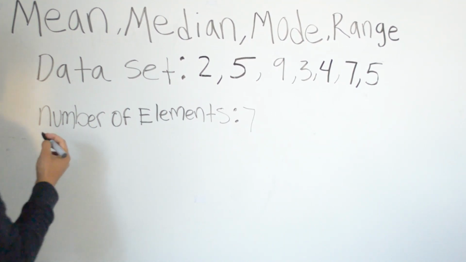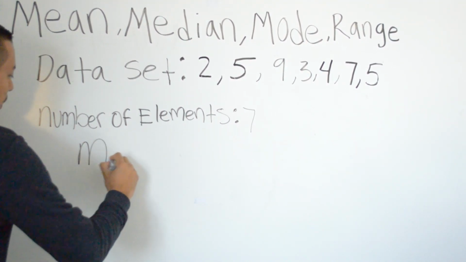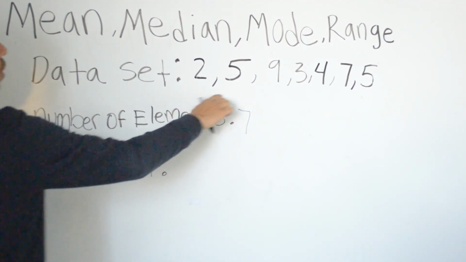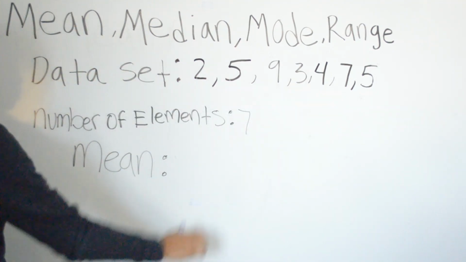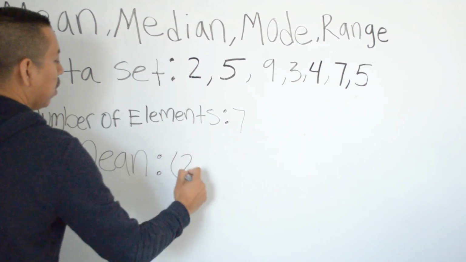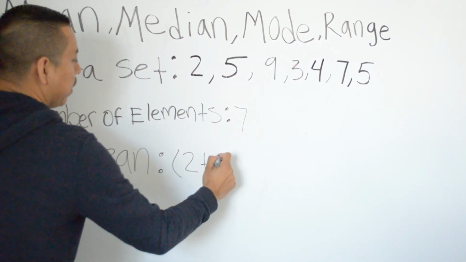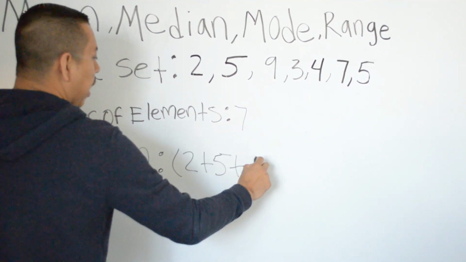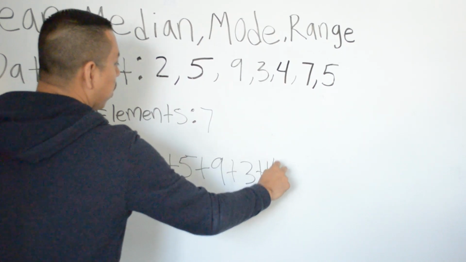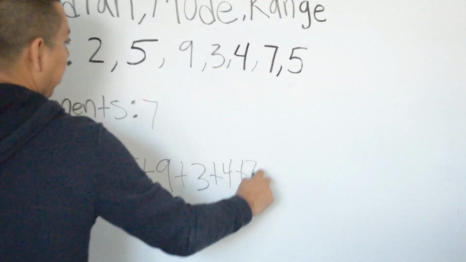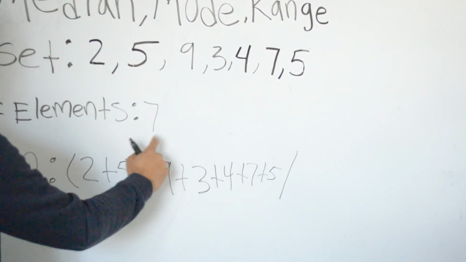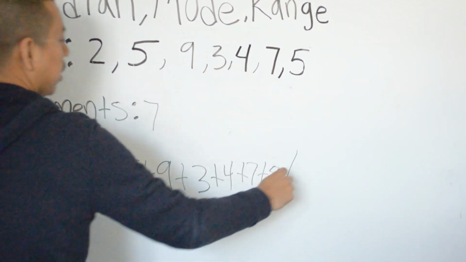Now, for the mean, all we do is add all these numbers and then we just divide it by 7. So we are going to add 2 plus 5 plus 9 plus 3 plus 4 plus 7 plus 5, divided by how many numbers we have? 7.